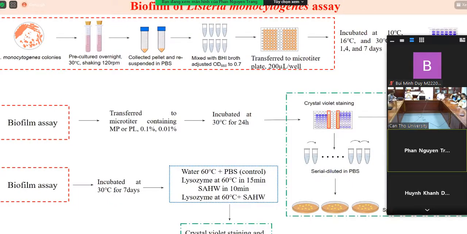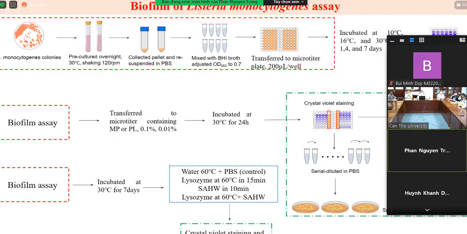In this slide, this is the protocol to perform the experiment. The box with the red color is the biofilm assay, and the box with the green color is the screening by color absorbance and viable count. The box in blue color is treatment of established biofilm.